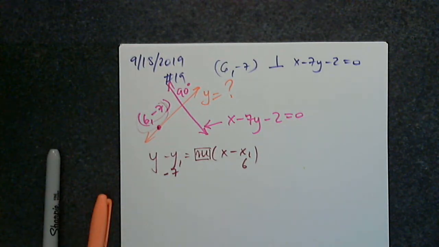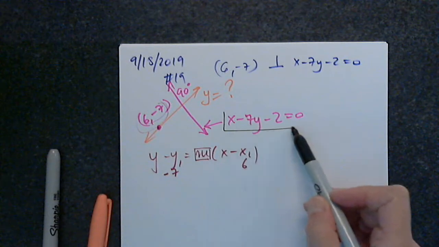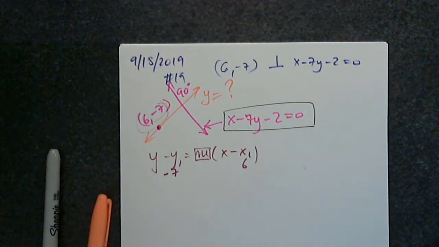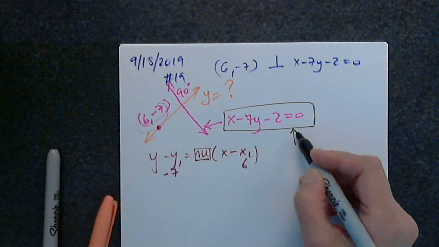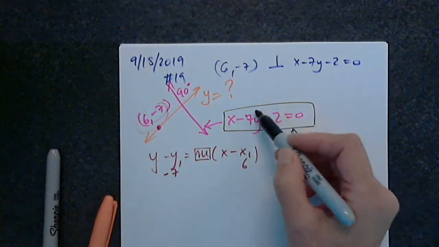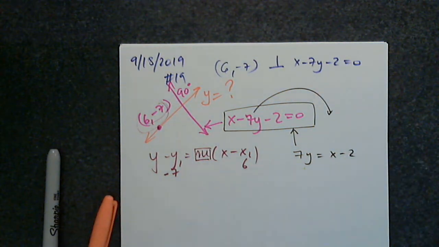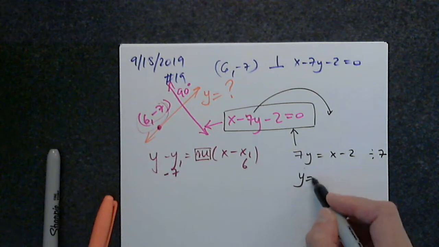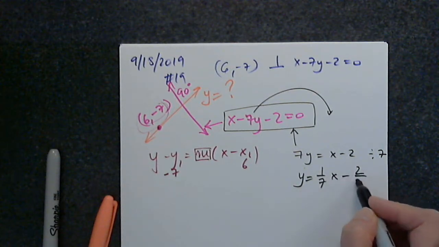Indirectly because we are told that this equation and this equation represent two perpendicular lines. So then if I solve this for y, like 7y equals x minus 2, I move 7y to the other side, and divide by 7, I get y equals 1 over 7x minus 2 over 7.